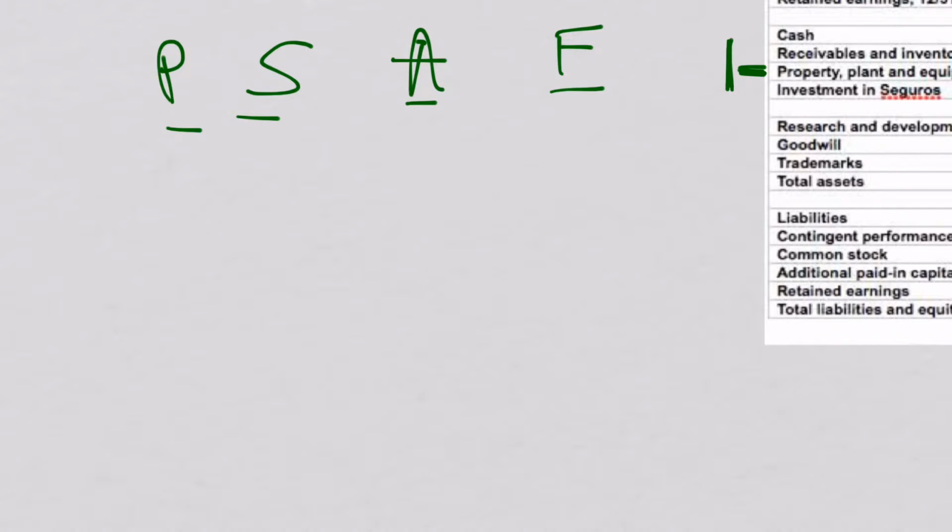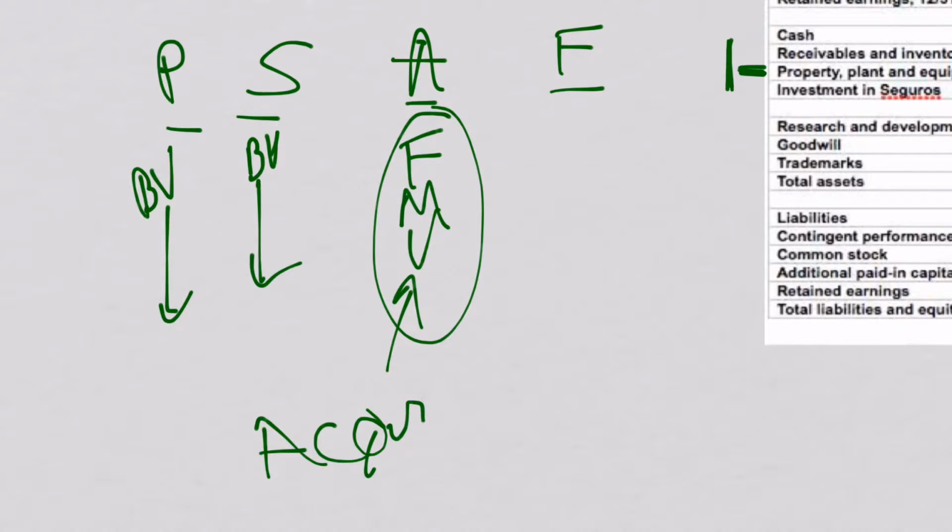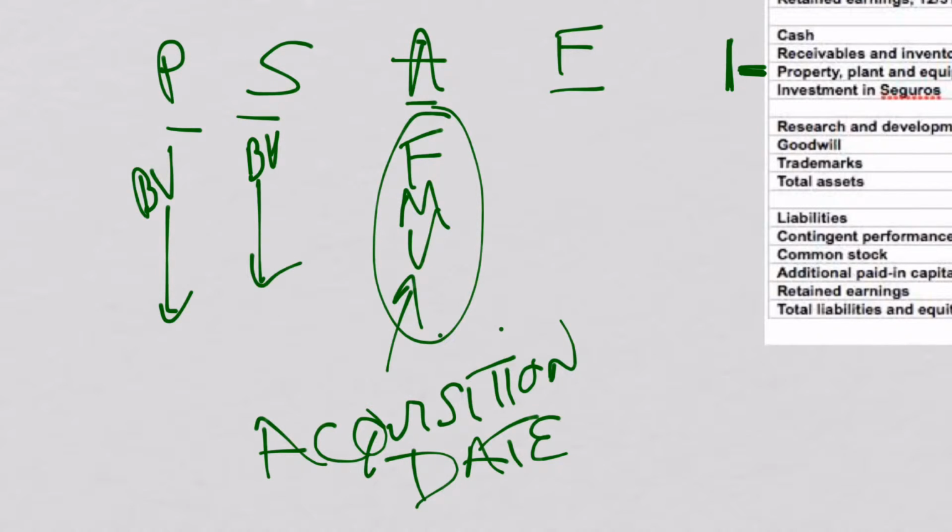So the result will be that you take the parent's book value, which is what we have. We take the subsidiary's book value, which is given to us, and then these adjustments bring the subsidiary numbers to their fair value at date of acquisition, because that's the date we know what the fair value is. It was purchased that date.